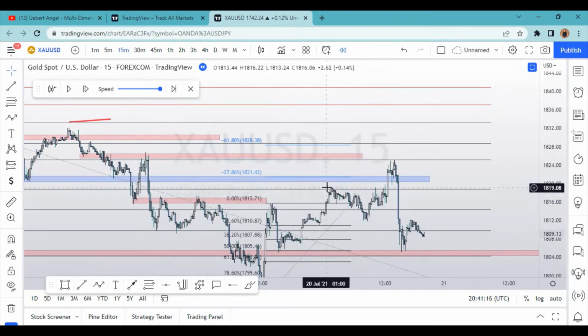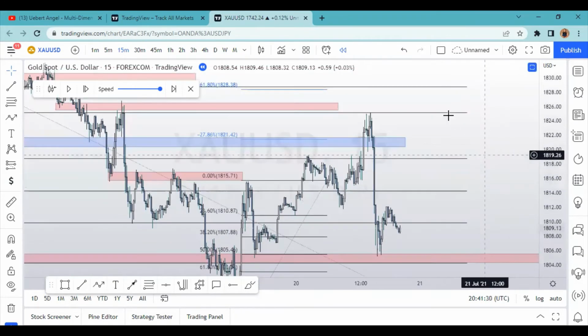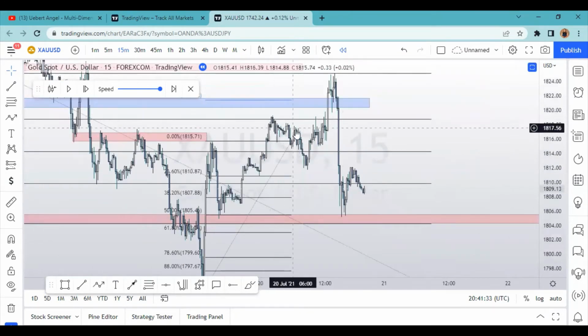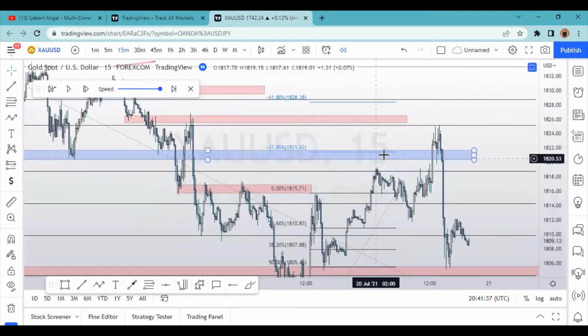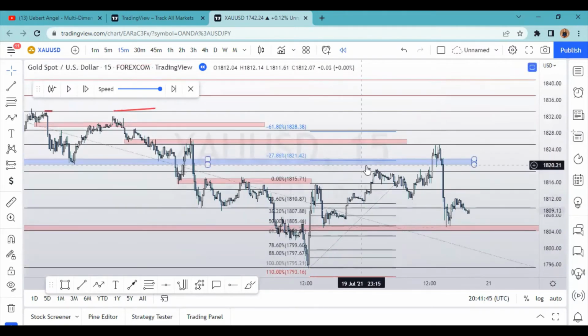You have to look at how the price action is forming. Fine, we're around here, but we had a lot of wicks in this area, and this is kind of like an M formation. I know that you can quickly take profits and scalp this, but I also had this negative 27.8% of the previous uptrend structure that price had not hit, which also aligned with the area that I'm looking at.